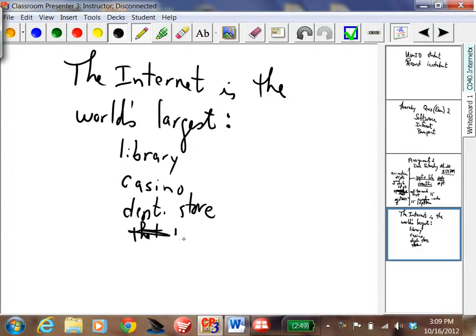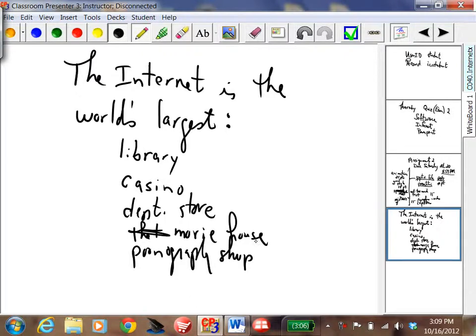Movie house. What else? Pornography shop, right? What else? Well, so many of these things.